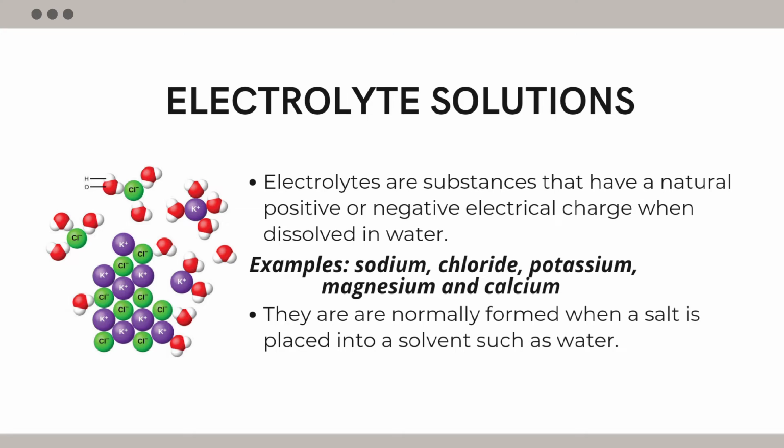Some examples are sodium, chloride, potassium, magnesium, and calcium. These solutions are normally formed when a salt is placed into a solvent such as water. When a salt dissolves, its dissociated ions can move freely in the solution, allowing a charge to flow. That's why it is electrically conductive.